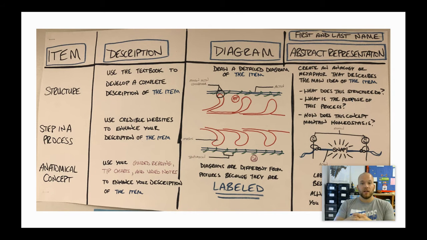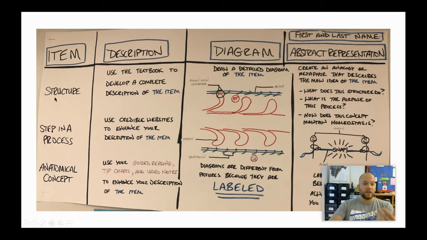So let's start. This is a poster that's available in the back of the classroom, and it's also attached to graphic organizers in Google Classroom. This rubric is also available on the Google Classroom in the materials section. So if you need it, you can always reference it. So I'm going to describe it.